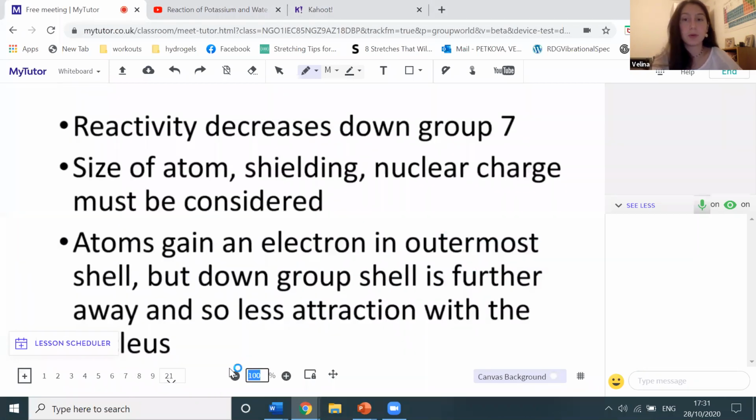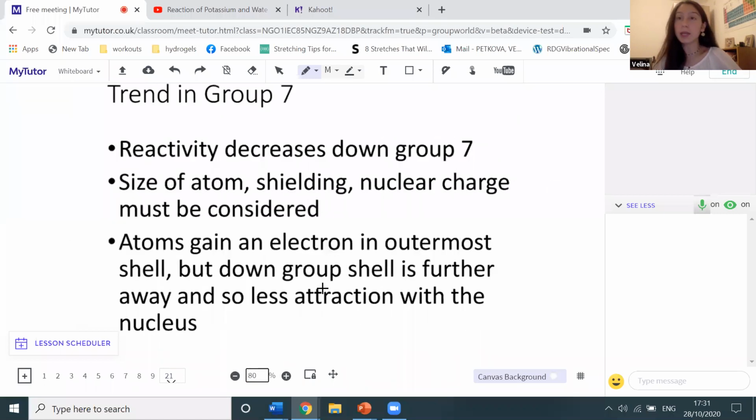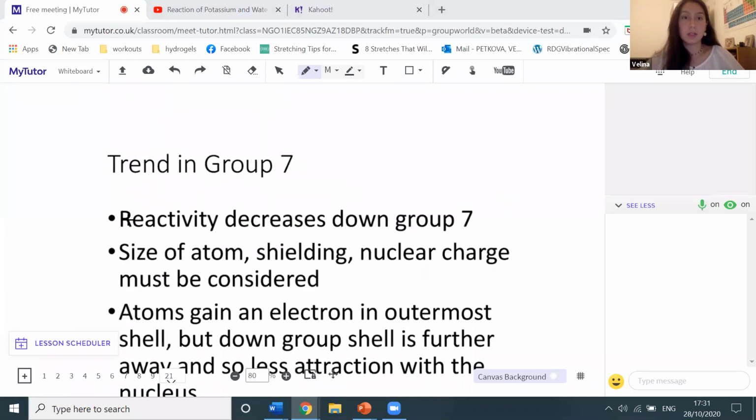So what happens with group 7? It's quite good to note that group 7 and group 1 react in opposite ways. They don't have the same trends. They actually have opposite trends, but they're explained in the same way. You don't really need to know a definition of the shielding effect.